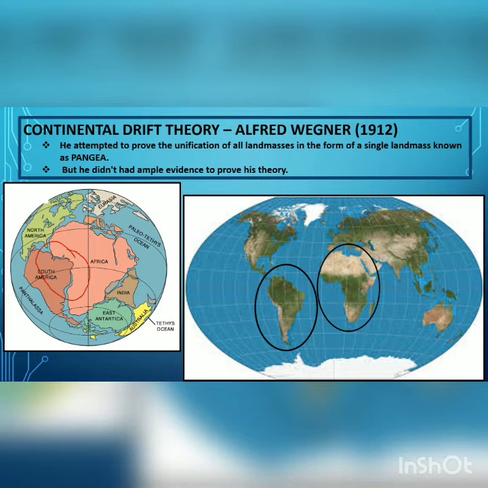But the problem with his theory was that at that time the technology was not that advanced, so he could not present more evidence in support of his theory. Because of the lack of evidence, his theory did not gain momentum during that time.